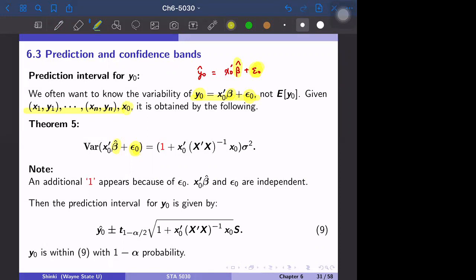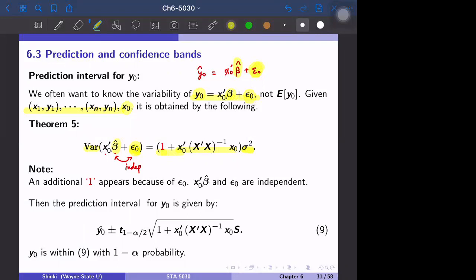The assumption of the linear model is that all these n+1 observations are independent. That means beta hat and epsilon naught are also independent, so we can calculate the variance separately. The variance of x0 transpose beta hat is what we calculated in the previous slide. Then what is the variance of epsilon naught? The variance is sigma square, that is the definition of the model. So we add sigma square. That's why we add 1 here for the prediction interval.